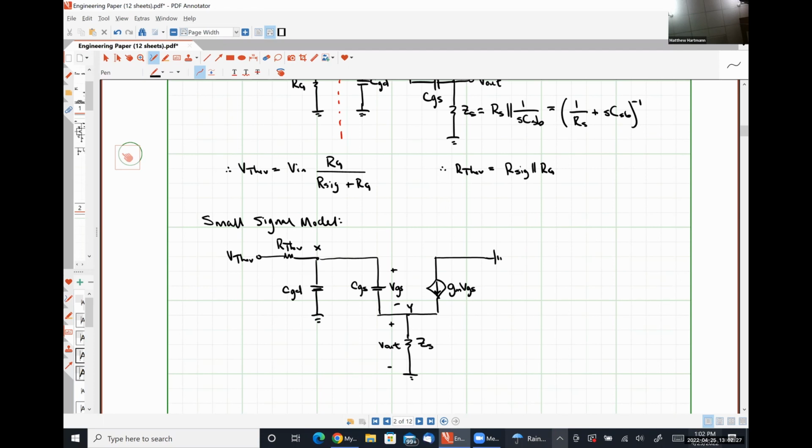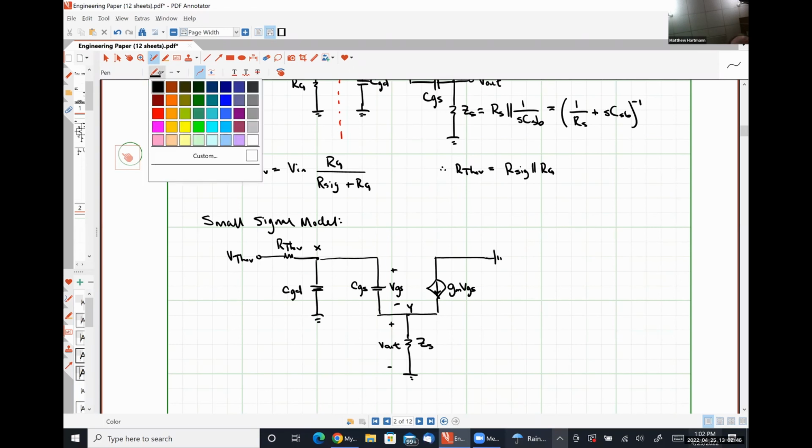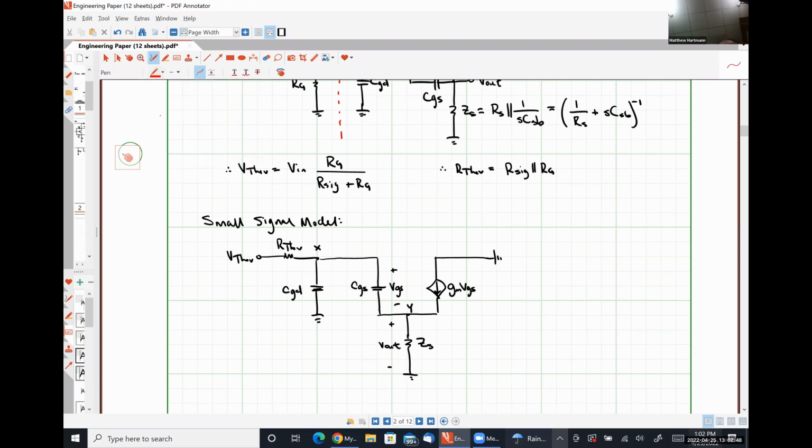All right. So the first thing that I'm going to do here is write a KVL equation. And so I'm going to show you the path that I'm going to use here.